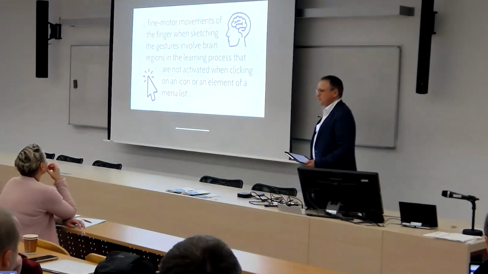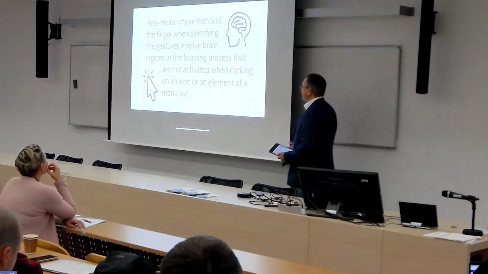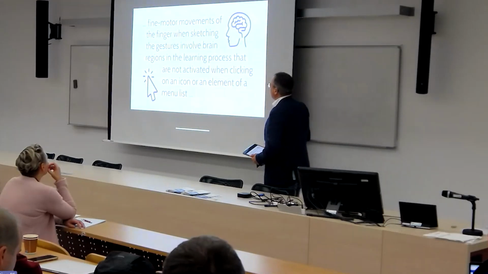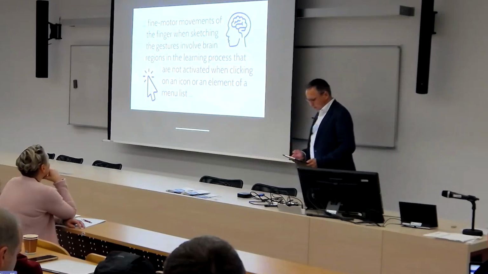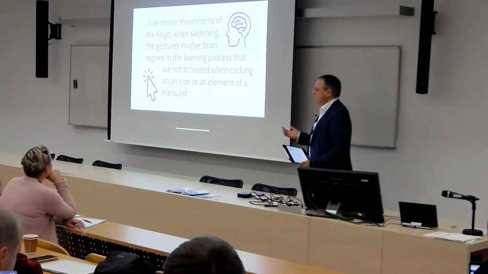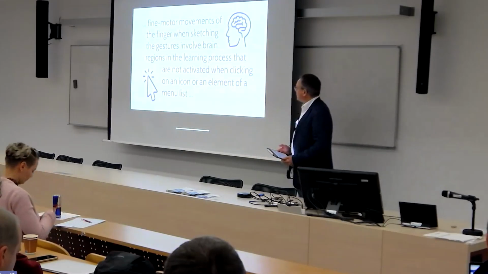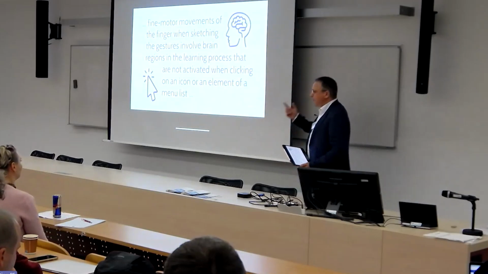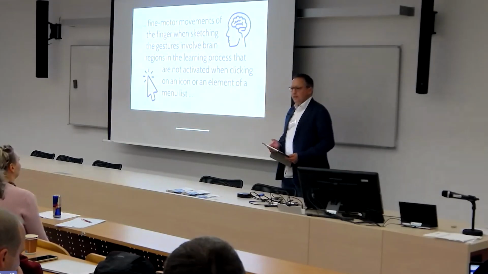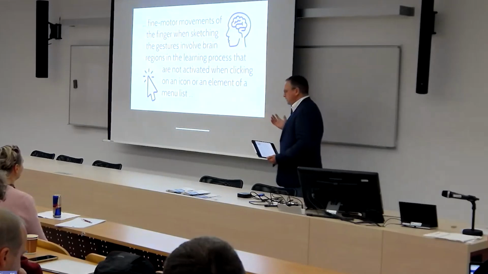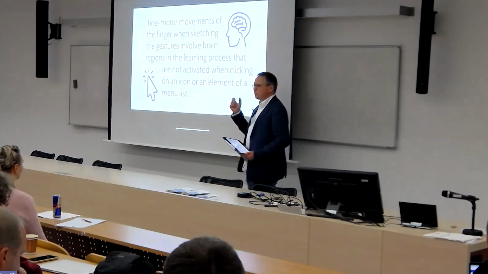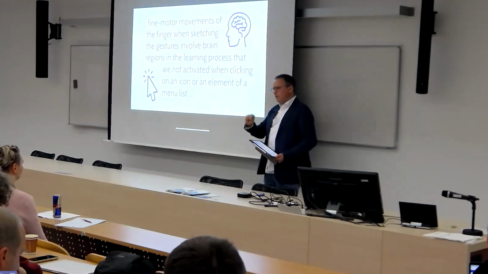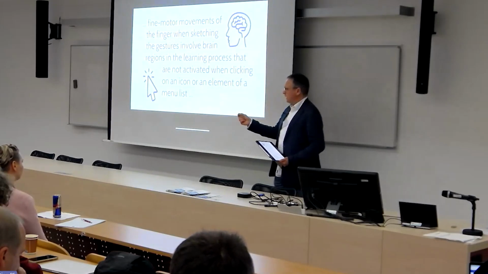What's different to traditional dynamic mathematics systems is that these fine motor movements of the finger, when you're sketching a gesture, activate these fine motoric brain regions compared to clicking on objects. Imagine in a traditional geometry software, you want to draw a circle. You click on the midpoint and a point on a line.